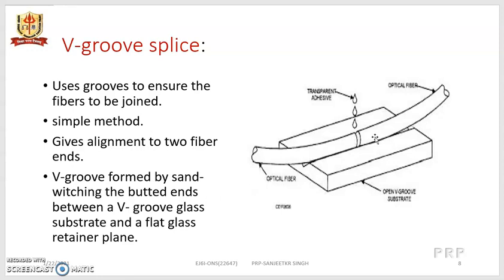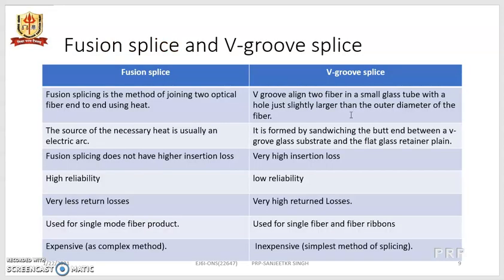The two butted, prepared ends are brought into this V groove over a glass substrate and a flat glass retainer plate. And transparent adhesive is let in so that it bonds the two ends.